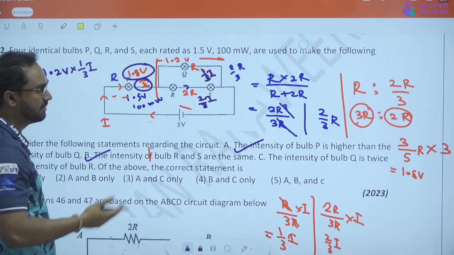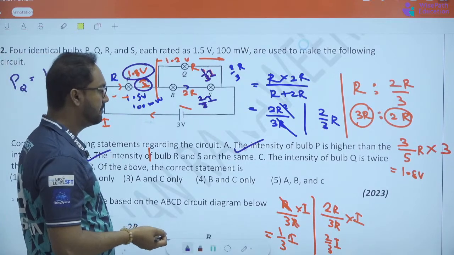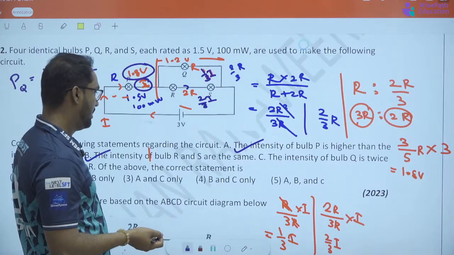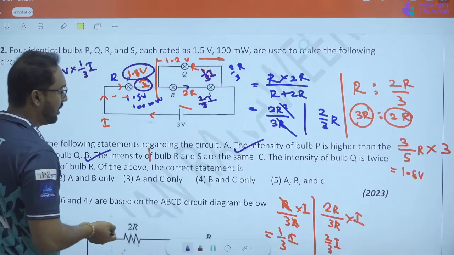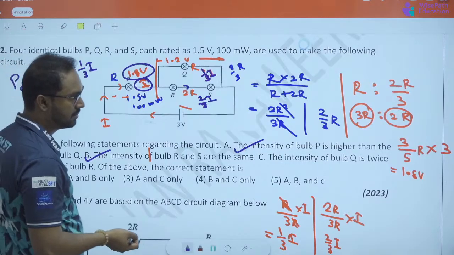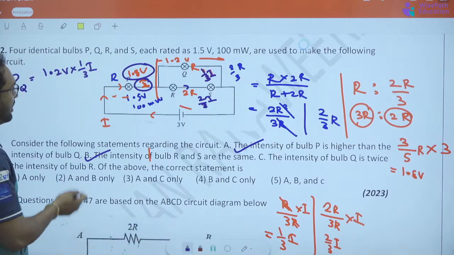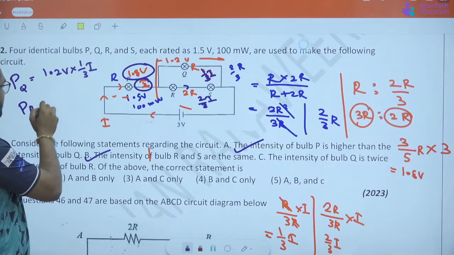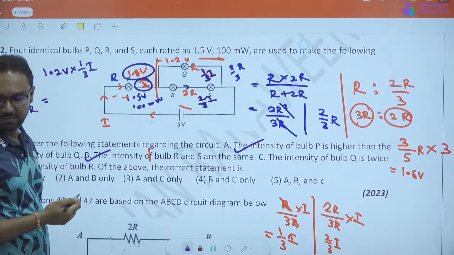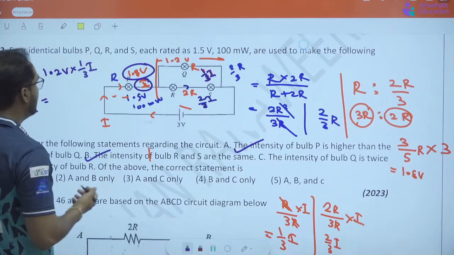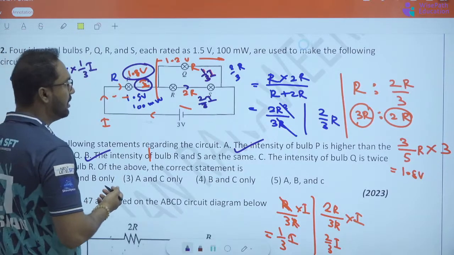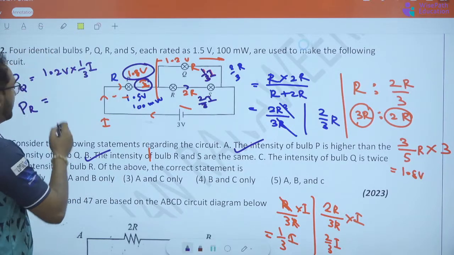So intensity is power basically. And if we compare the intensity of R, the power of R is again VI. So what is V in R? That is 1.2.